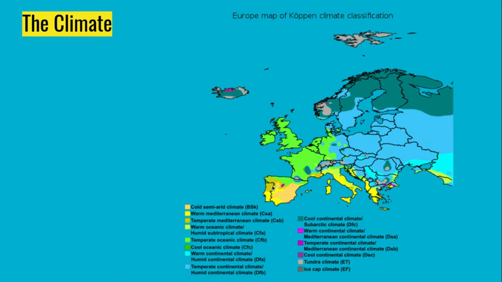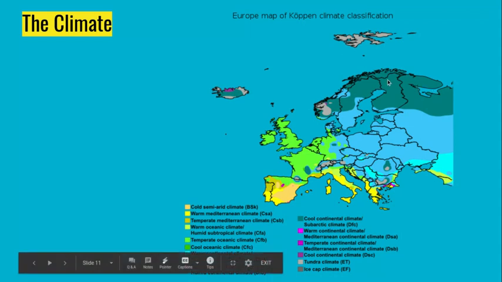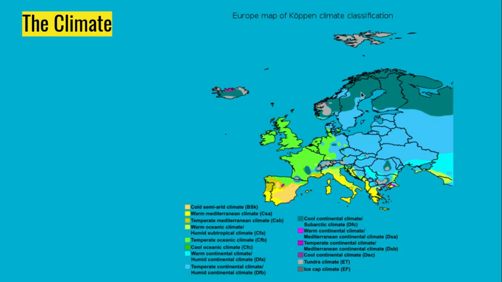Okay, and then there's some of this temperate Mediterranean climate too. Okay, so you would look at it this way. Up here, where you have Sweden, Norway, and Finland, you have a lot of cool continental climate, so subarctic climate, meaning that it can get very, very cold.